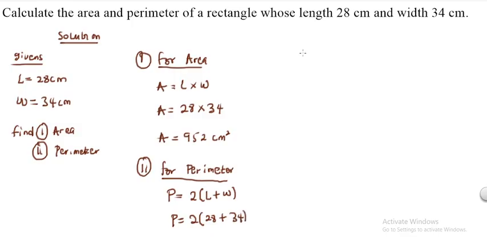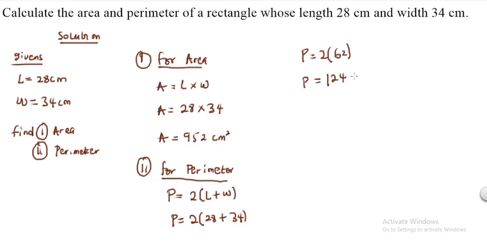We solve everything inside the brackets first. So 28 plus 34 is 62. And then the perimeter here is equal to 2 times 62, which is 124.